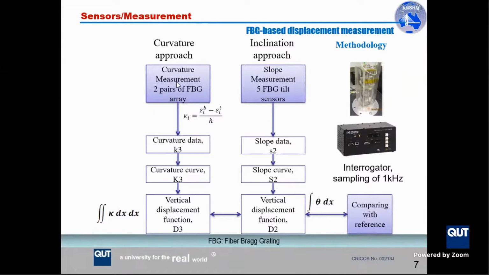In the first approach, we use 2 FBG sensor arrays, one on the top and one on the bottom of the beam, to measure the curvatures, and later we use them to estimate the vertical displacement. In the second approach, we measure the slope using 5 FBG sensors, and we use the data to estimate the displacement from the slope. Both methods show accurate results compared with the direct measurement.